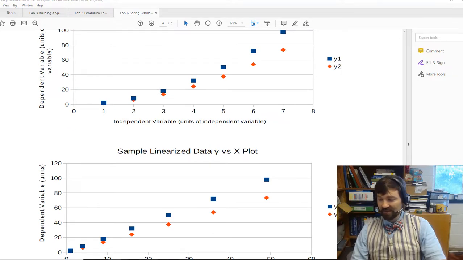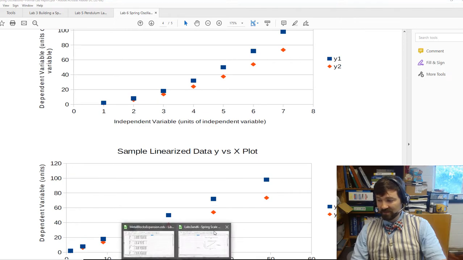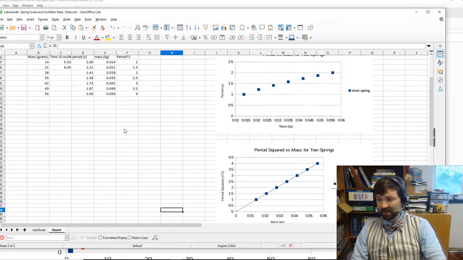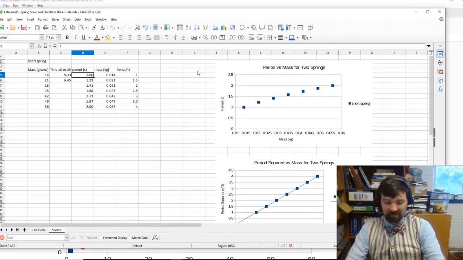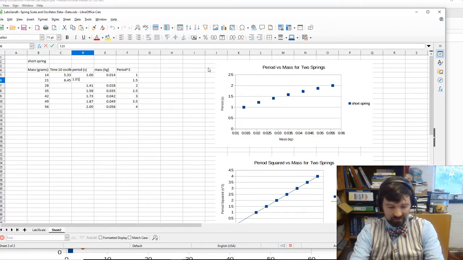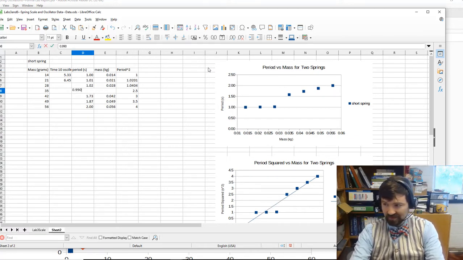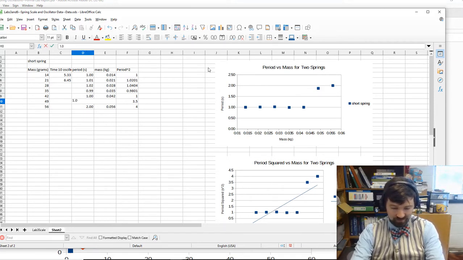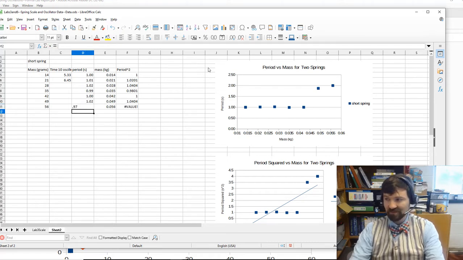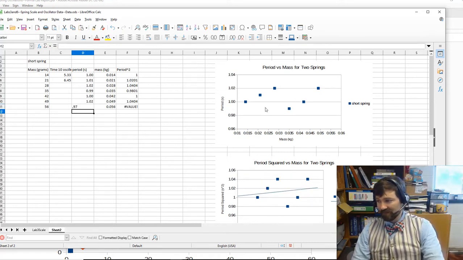If on the other hand you have a constant, so pull this thing back up, maybe it turns out that instead of having something like this, you get like 1, 1.01, 1.02, 0.99, say 1 again, 1.02, 0.97, something like this.